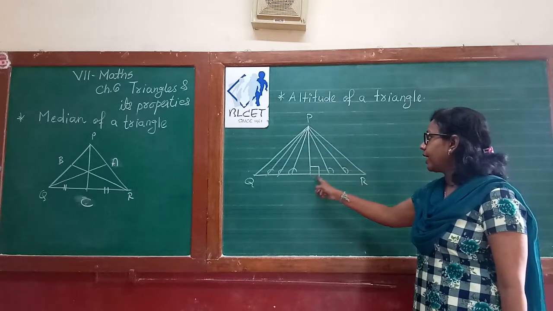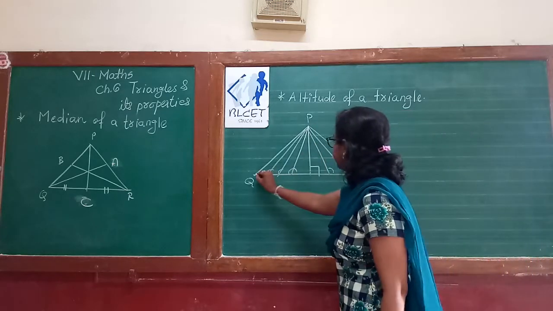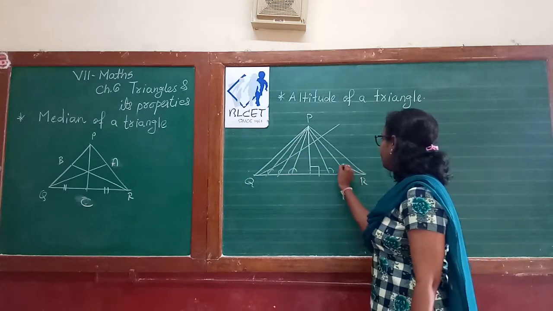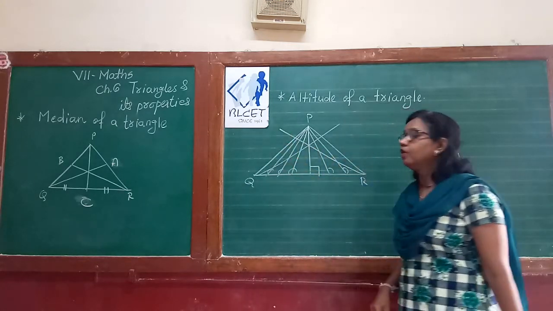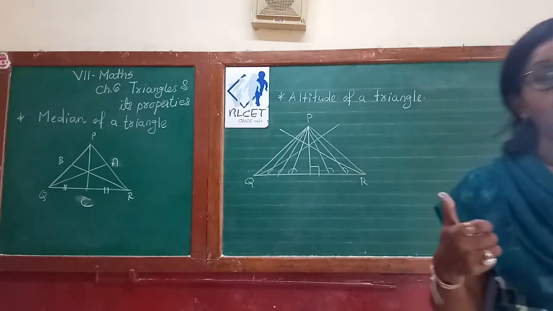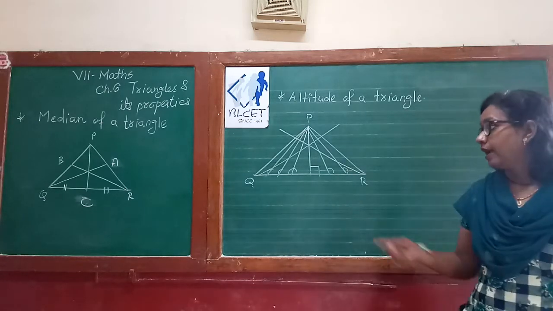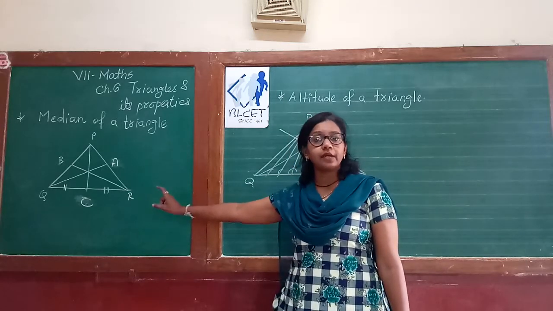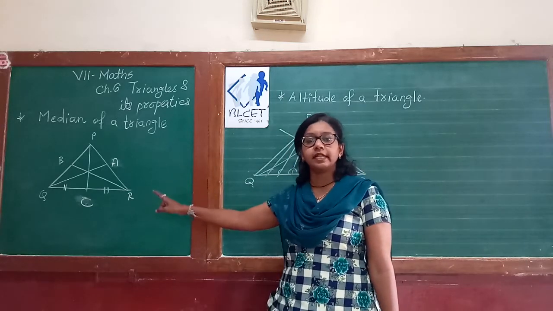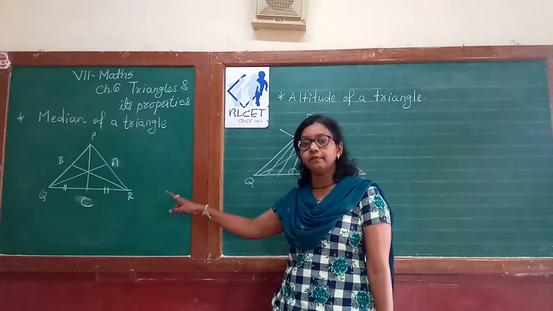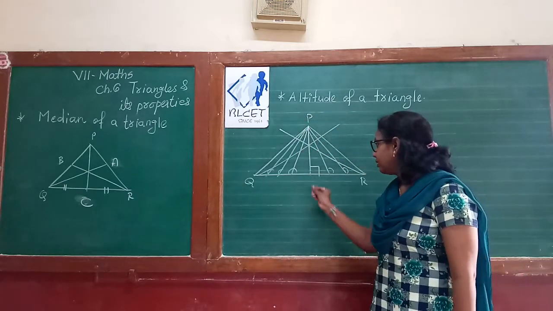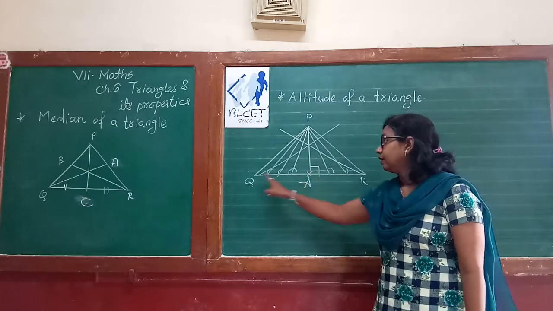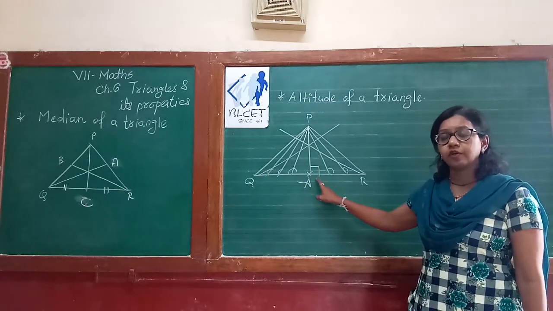The same perpendicular line you can draw over here like this. The same perpendicular line you can draw from this point. So for a triangle we also have three altitudes. And for the median, the point you consider on the opposite side has to be a midpoint, it is compulsory. But here, if you join P with this vertex, suppose A, this is not a midpoint of QR.